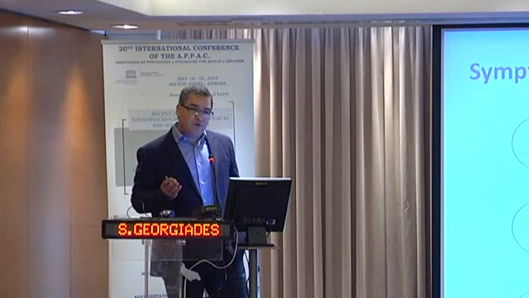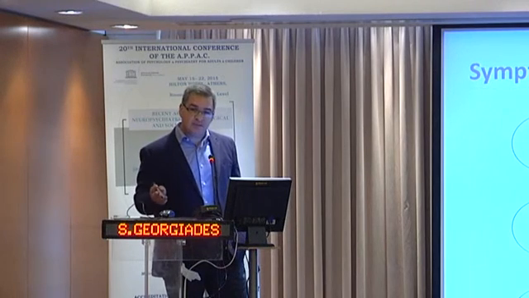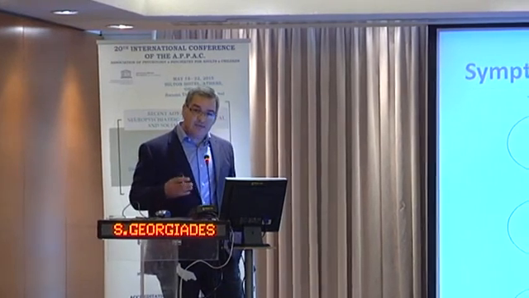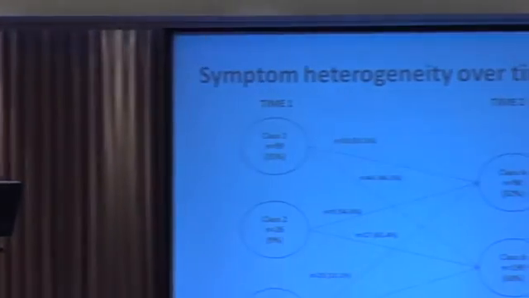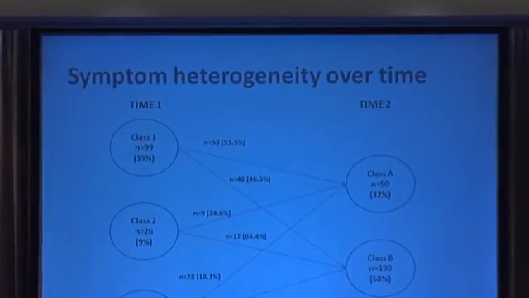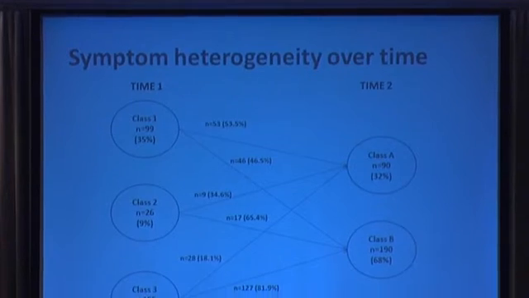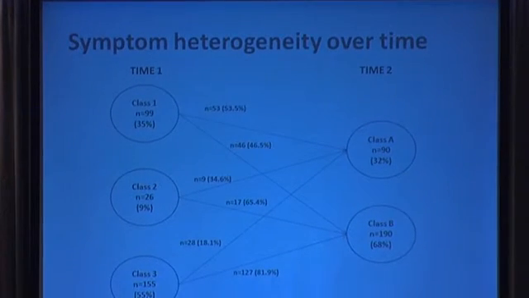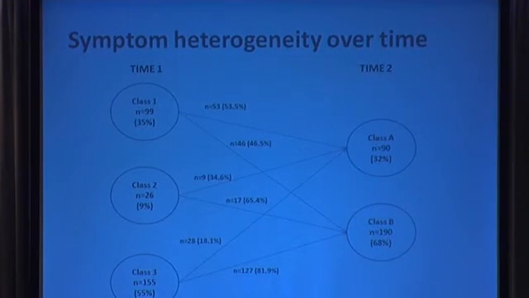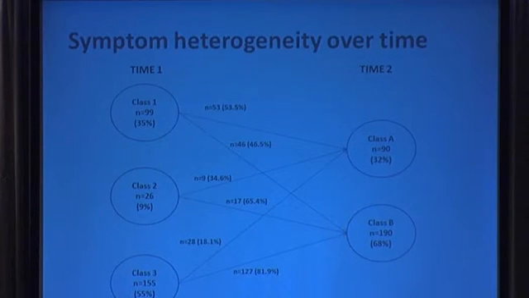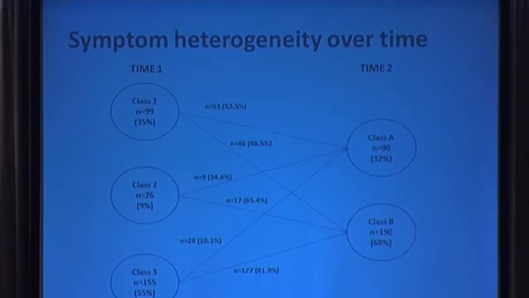Now, of course, that can mean at least two things. A, that heterogeneity actually decreases, or B, the tools that we're using to measure heterogeneity, which in fact are the diagnostic tools, are not capable of truly measuring heterogeneity as children develop.